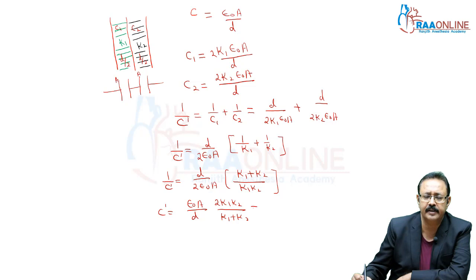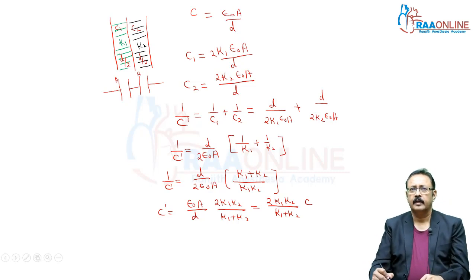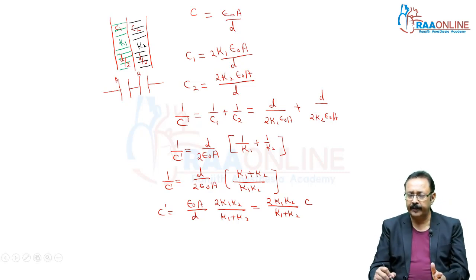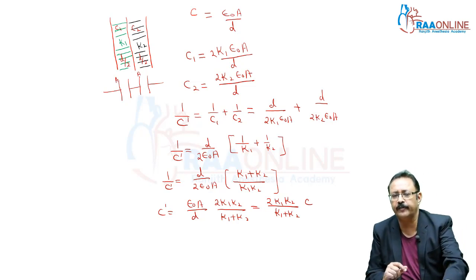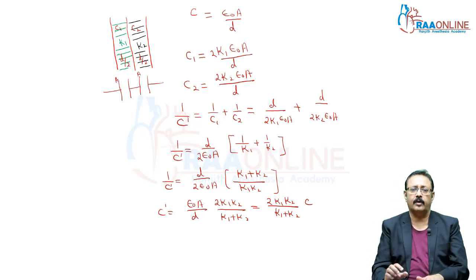So we can write 2K1K2 upon K1 plus K2 into C. So in this way they can give you problems and you are able to solve them. So now we will go for our assignment of 45 questions based on these principles. Thank you.